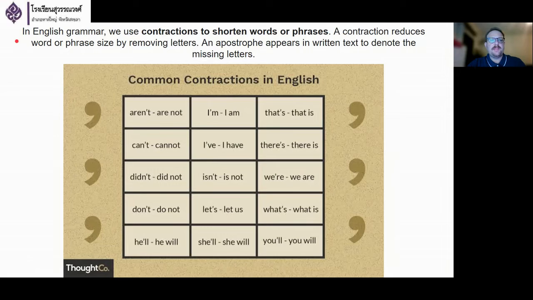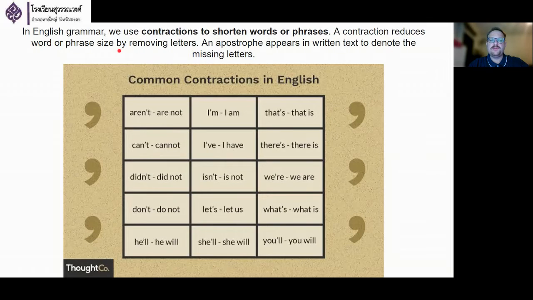So in English grammar, we use contractions to shorten words or phrases. A contraction reduces word or phrase size by removing letters.